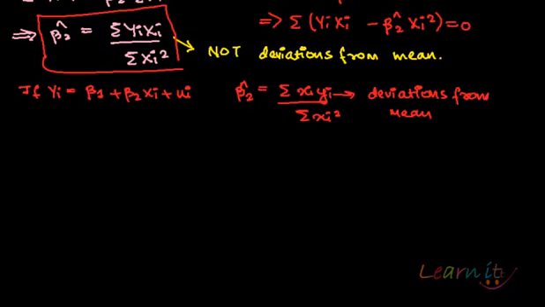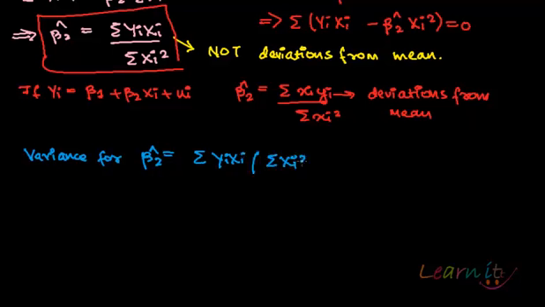Okay, now let us talk about how you calculate the variance for this beta 2 hat, which is beta 2 hat equal to summation of yi xi upon summation of xi square. So how do you go about it?